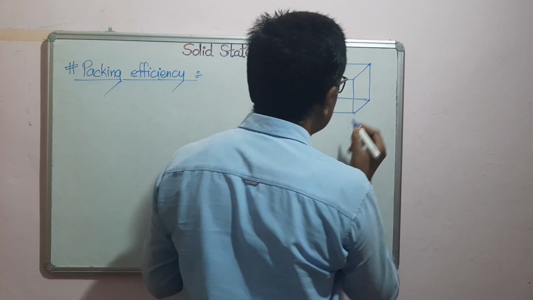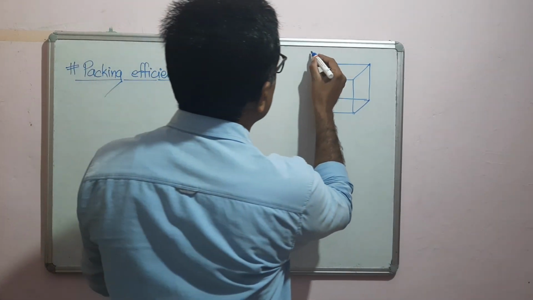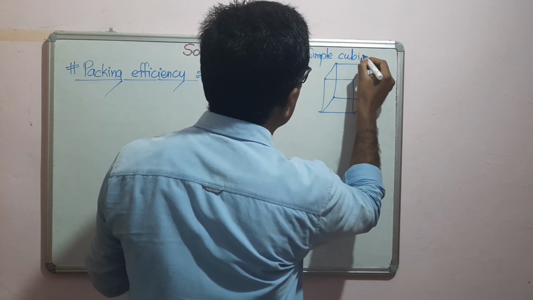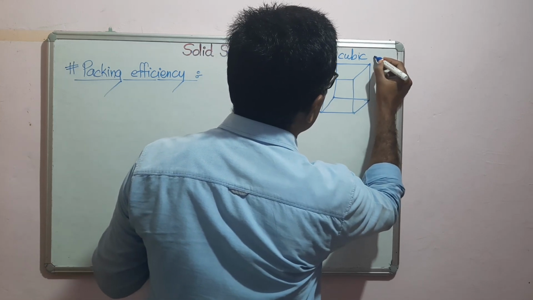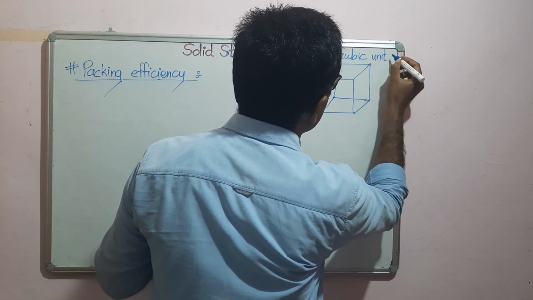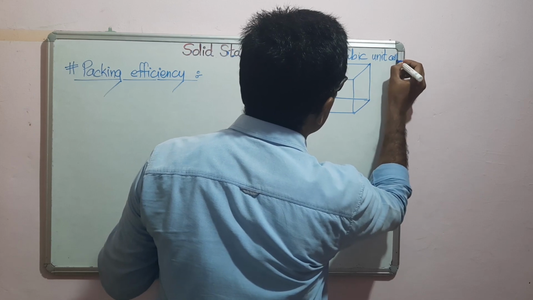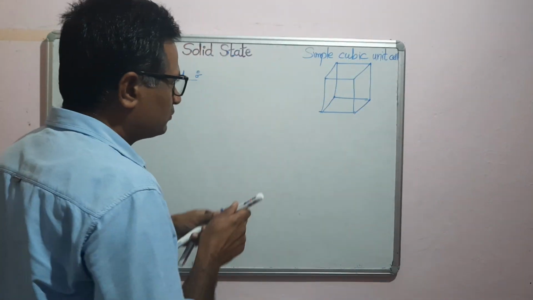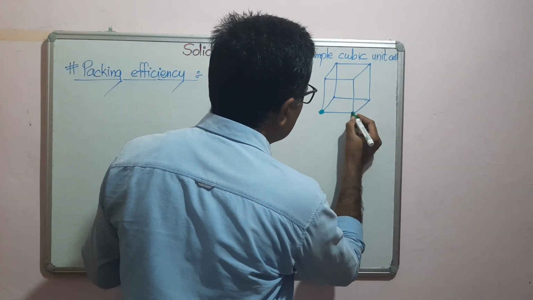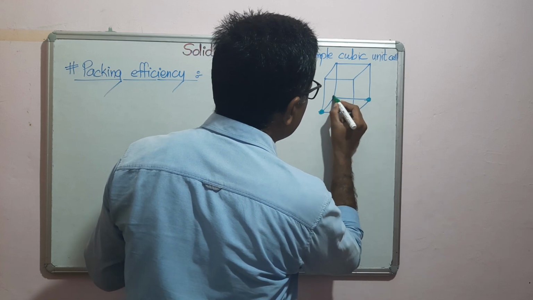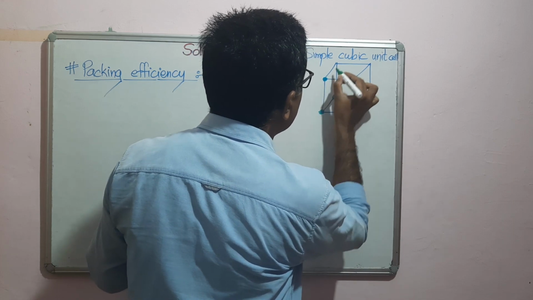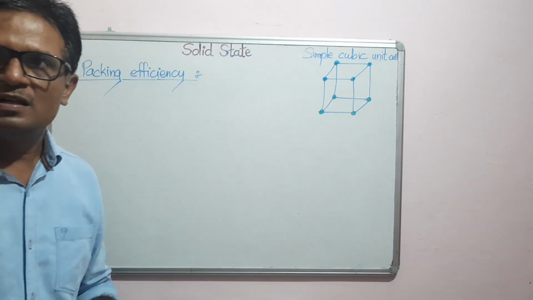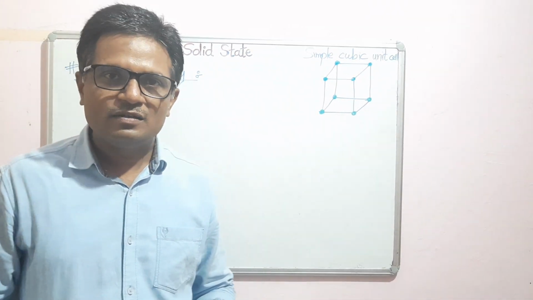It is the unit cell in which the particles are present at the corners only. So these are the particles which are present at the corners only. So this is called a simple cubic unit cell.